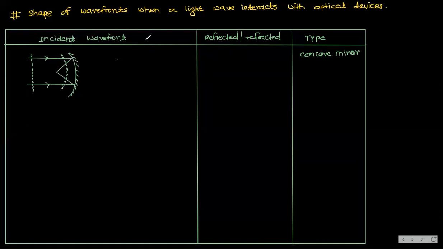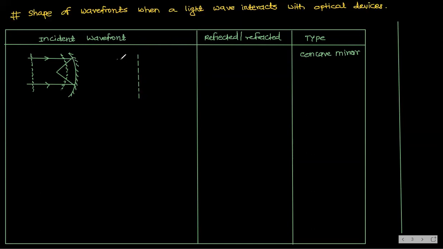So how will the incident be? So I'm making one more column here, that is, you can see incident wavefront, how it is. Just I'm drawing the shape of the incident wavefront here. You will understand. Like this is the incident wavefront.